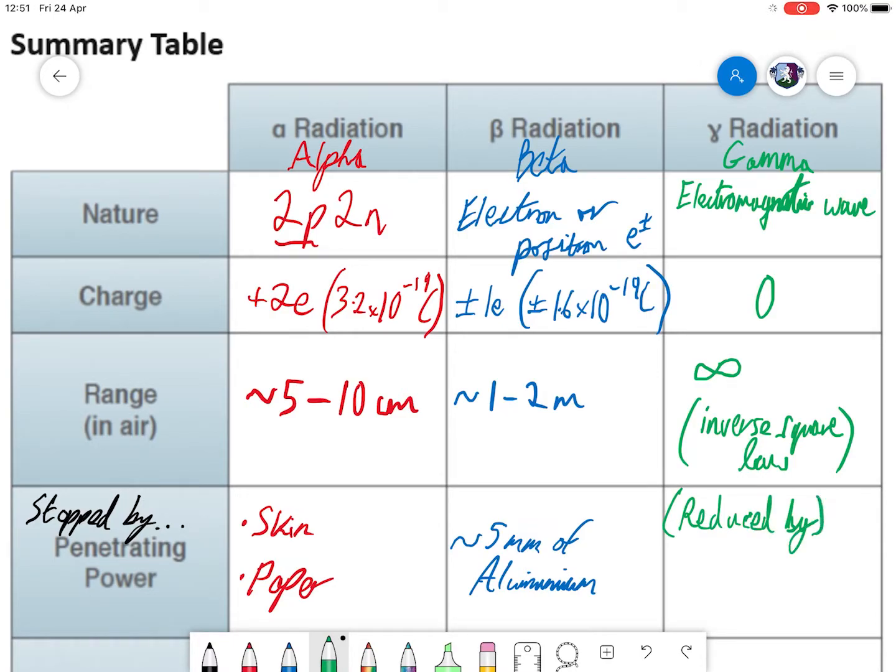So it is reduced by, rather than completely being blocked by, either lead or concrete, usually requiring a large amount, such as meters of that material. And even then, some will pass through.